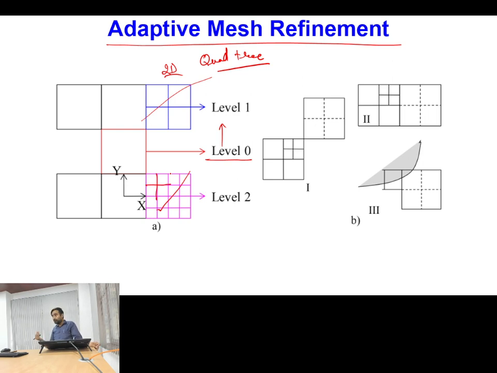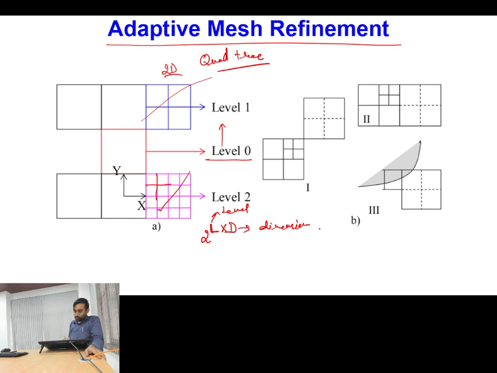Okay, so you can keep track of it like this. For level 1, you have to convert 1 into 4. So let me write here 2 to the power L into D, where L is the level and D is the dimension of the problem.